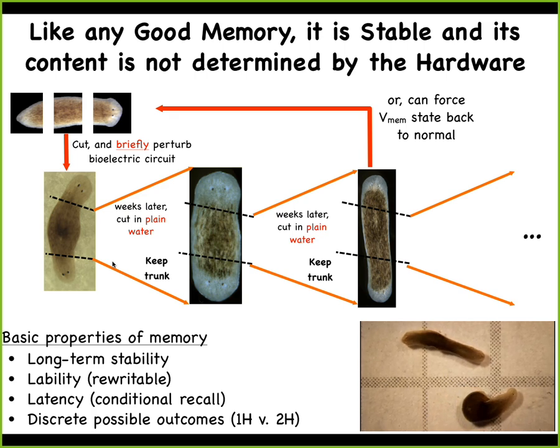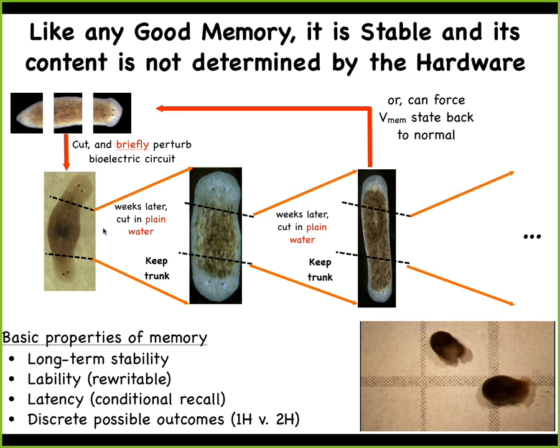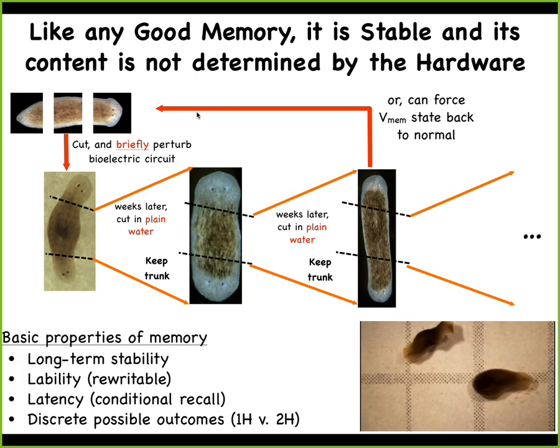But the cool thing about this circuit is actually reprogrammable. Experience, not genetic change, but experience in physiological space will convert it to store a new piece of information, and that new piece of information is stable. It will keep until you reset it.